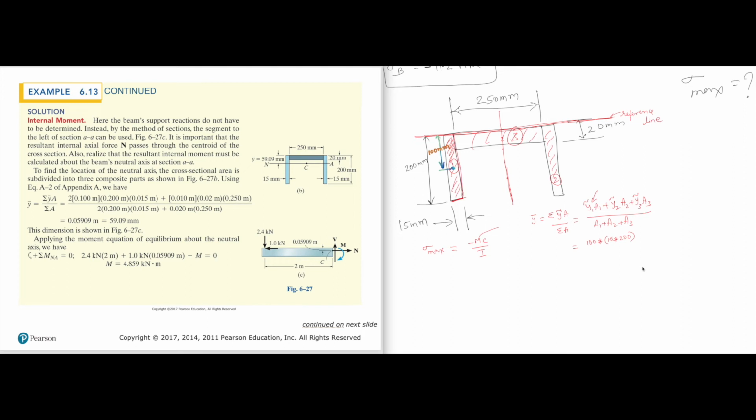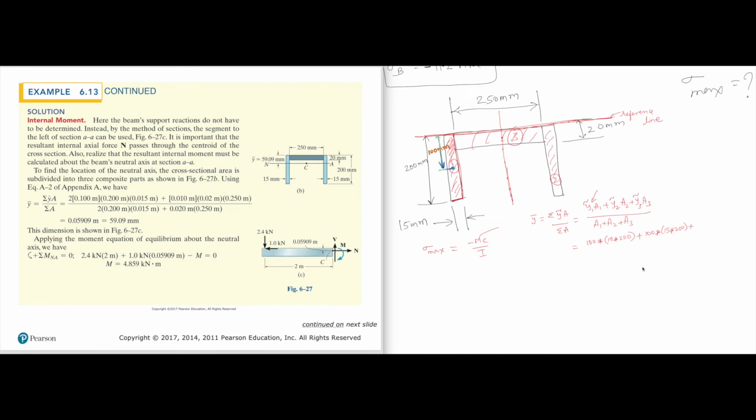Plus, what is y2 A2? It's the same. Y2 looks exactly the same with respect to the reference line as the first shape. So it's 100 times 15 times 200, plus y3. How much is y3?